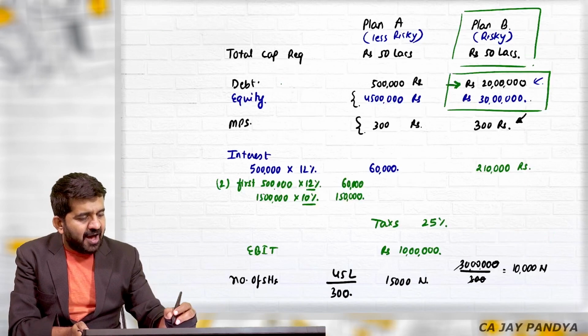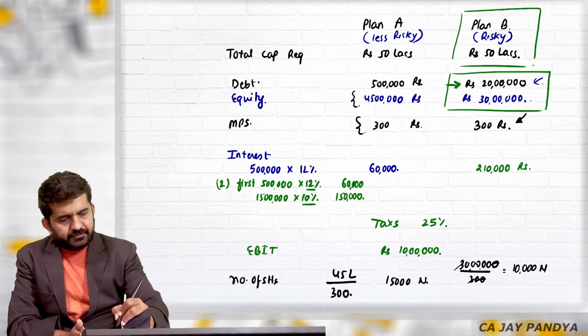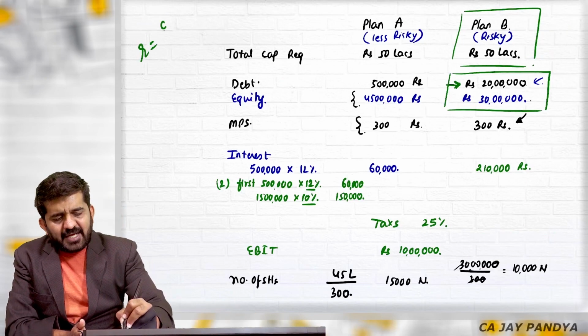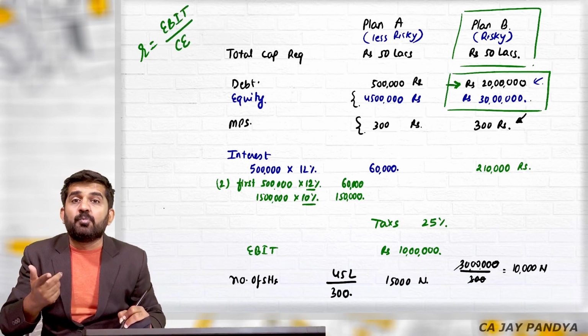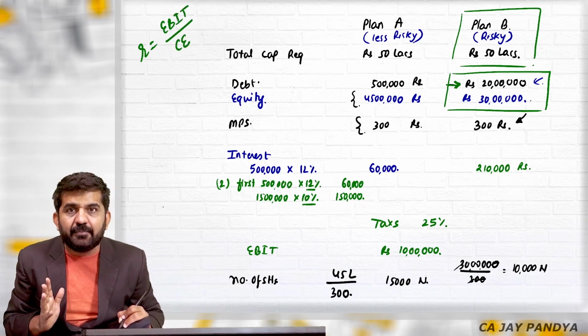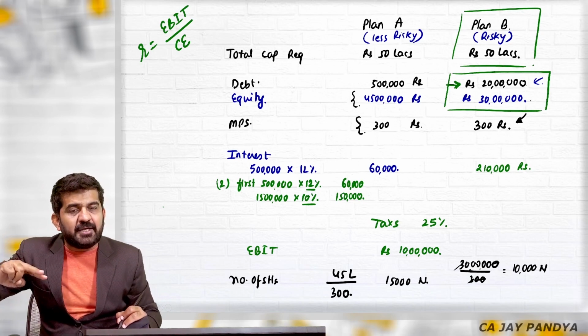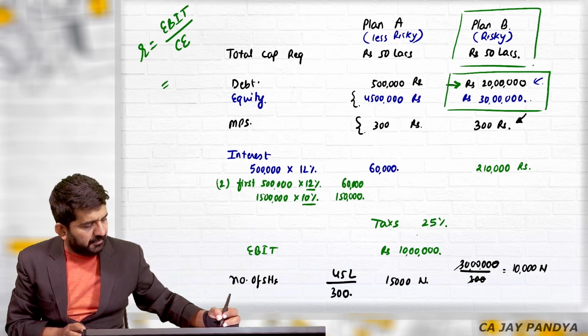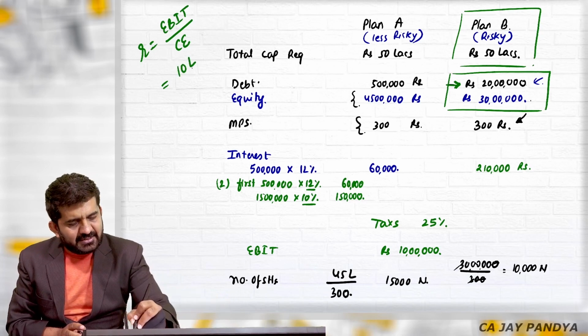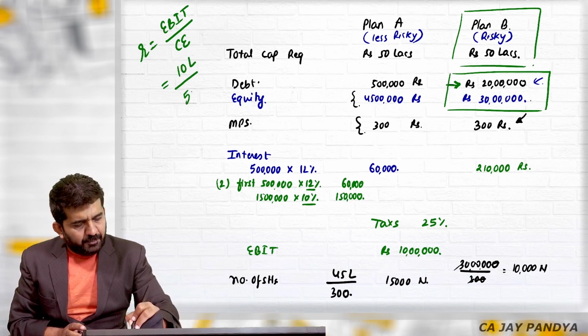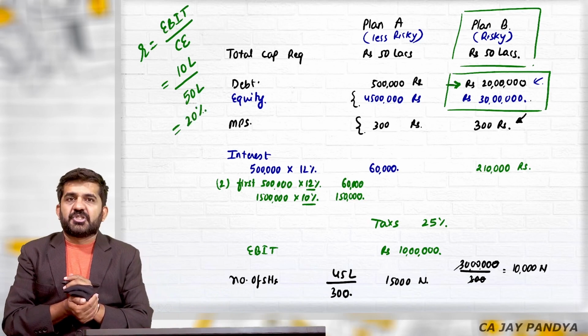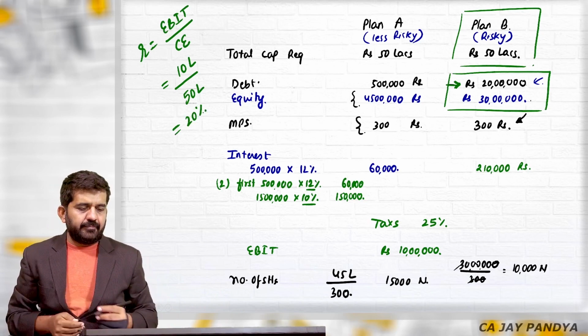What is R in this case? What is R? EBIT upon capital employed, and believe me, under both plans it will remain the same. Why will it remain the same under both plans? Because EBIT is also the same and total capital employed is also the same. EBIT is 10 lakhs. Capital employed is 50 lakhs. R is 20%. All right.